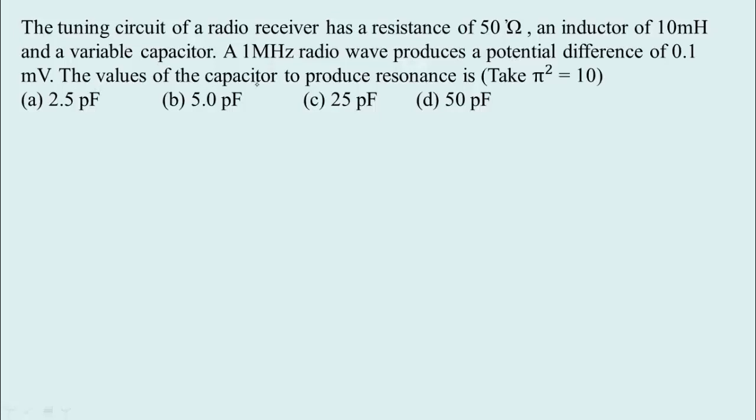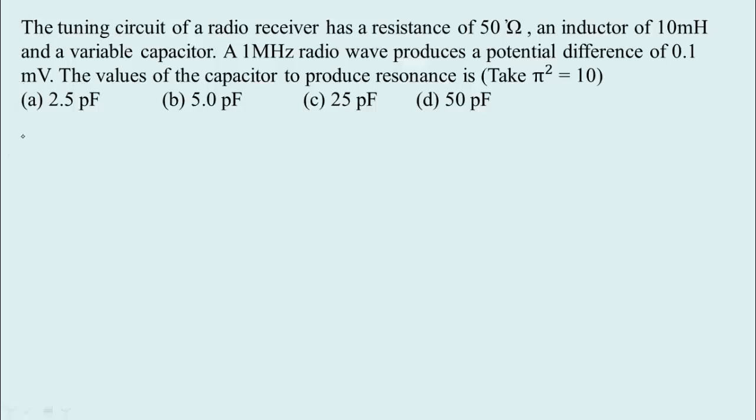The value of capacitor to produce resonance is, take pi square equal to 10. Here it is a tuning circuit of a radio receiver. So first observe the givens here. Resistance R value and L value is given, frequency is given, right? Then potential difference is also given.